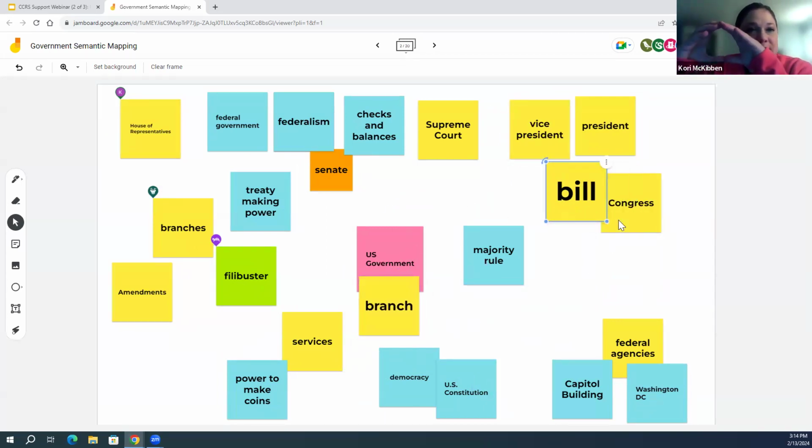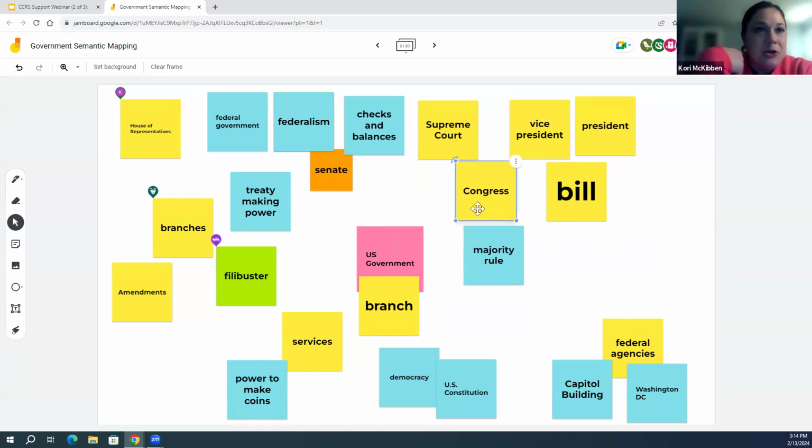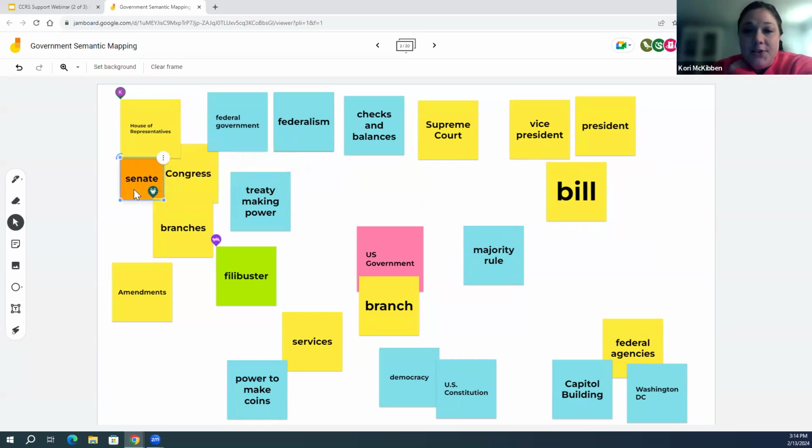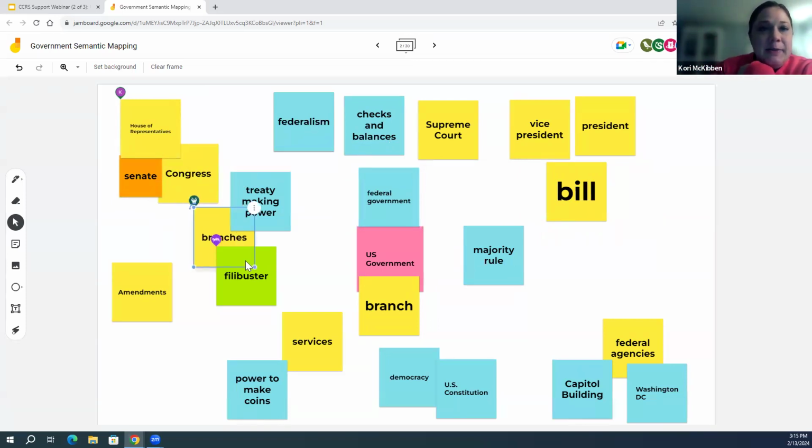So you'd have your US government, then you would list your categories such as legislative branch, executive branch, judicial branch, maybe like we talked about location, or maybe there's some things in here that are very specific to creating laws, right? Yep, someone sorted together federal agencies, Capitol building, Washington, D.C.